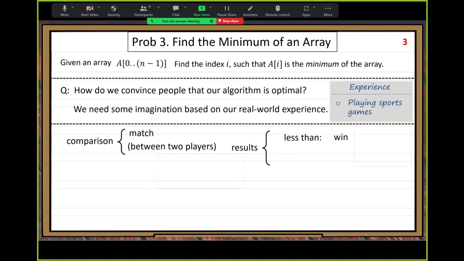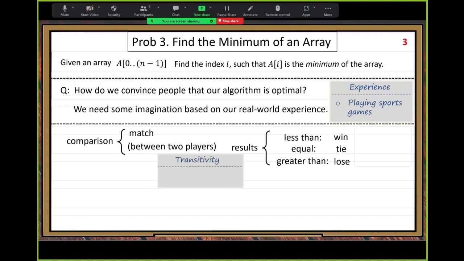So if one number is less than the other number, we interpret it as a win. The less one is a win. When we do the comparison, equal is a tie, greater than is a loss.